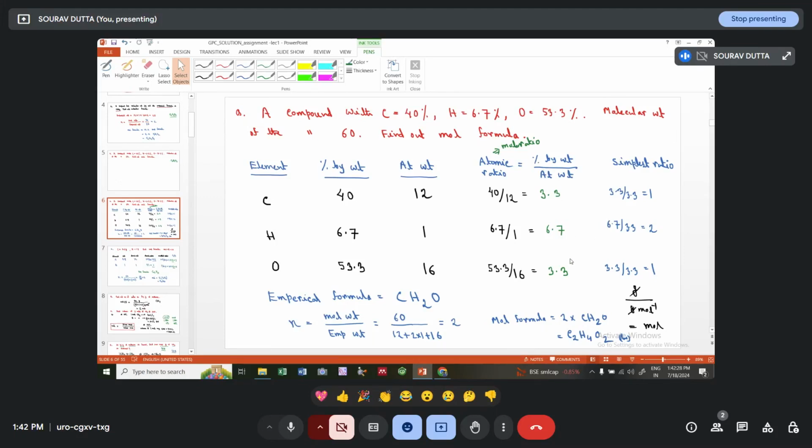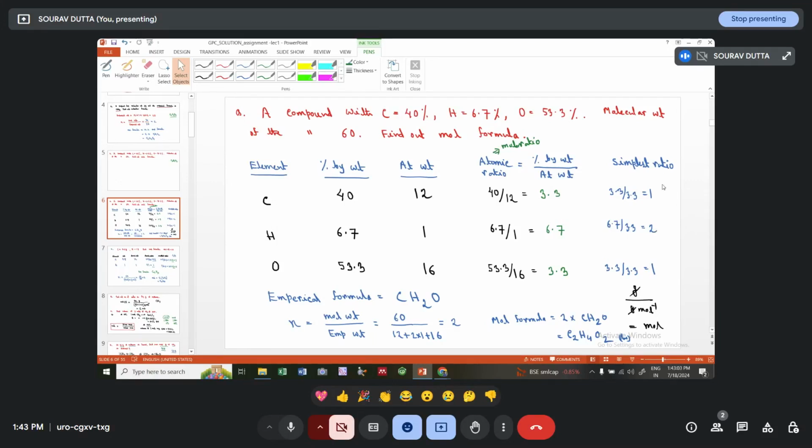That's why we take the smallest value among these three. 3.3 is the smallest, so we divide each term by 3.3. 3.3 divided by 3.3 is 1, 6.7 divided by 3.3 equals 2, and 3.3 divided by 3.3 equals 1. So 1 is to 2 is to 1 is your simplest ratio.